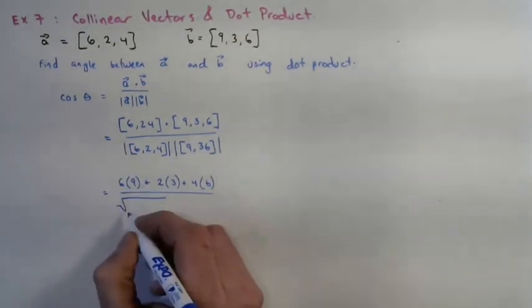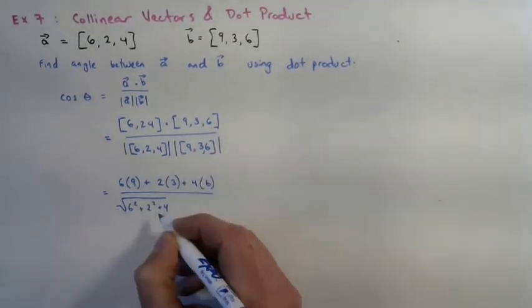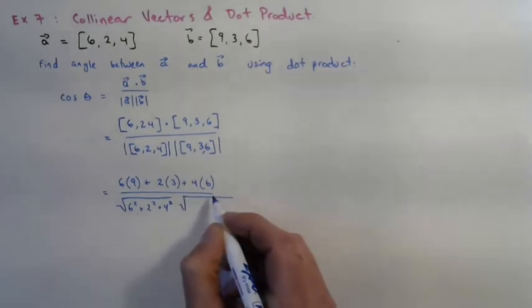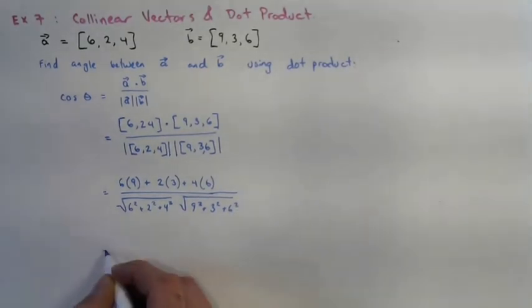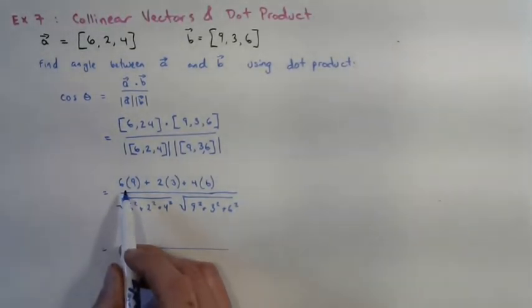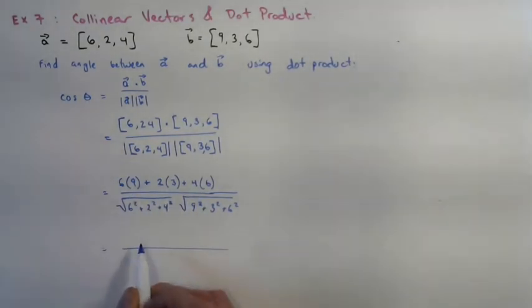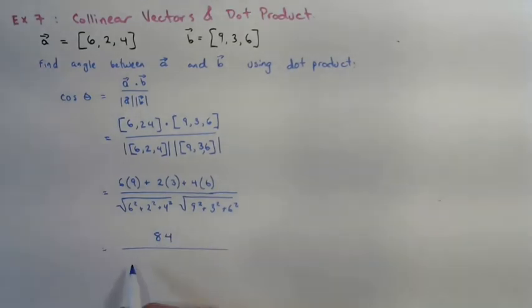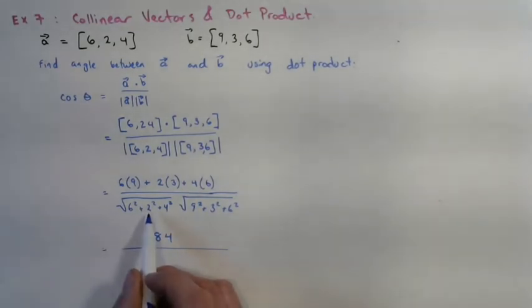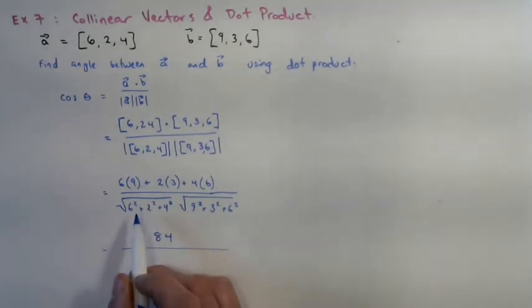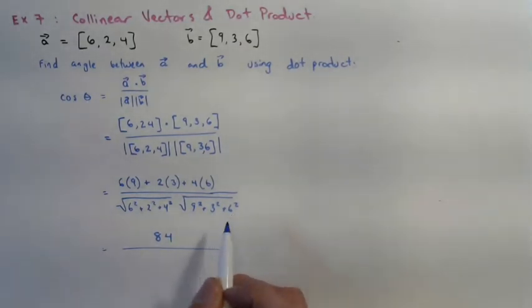The magnitude of A is the square root of 6 squared plus 2 squared plus 4 squared. And the magnitude of B is 9 squared plus 3 squared plus 6 squared. The numerator becomes 54 plus 6 plus 24. That is 84. And the denominator becomes the square root of 36 plus 4 plus 16, times the square root of 81 plus 9 plus 36.